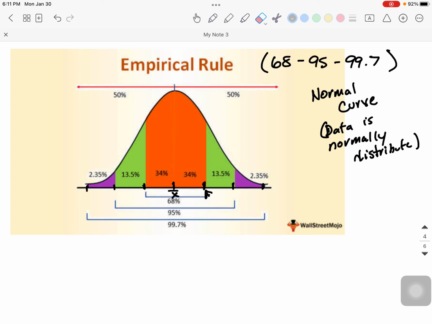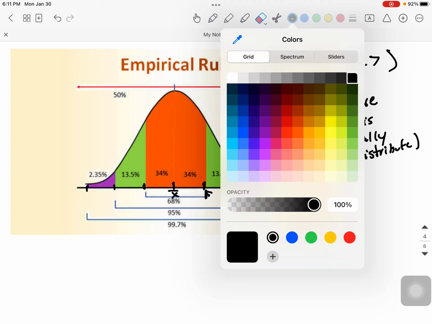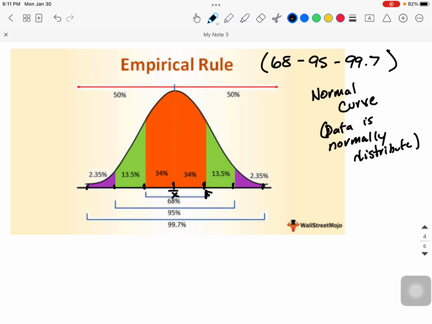But now if you want to tie some percentages to it, which can be handy in making conclusions, making predictions, what this says is that 68% of the data will be within 1 standard deviation.